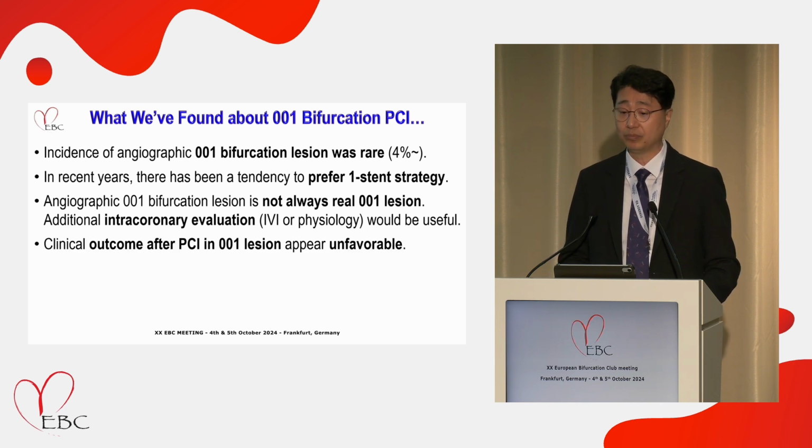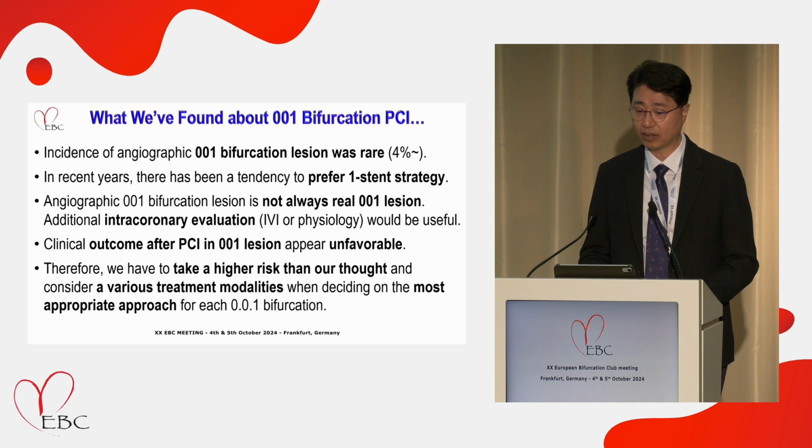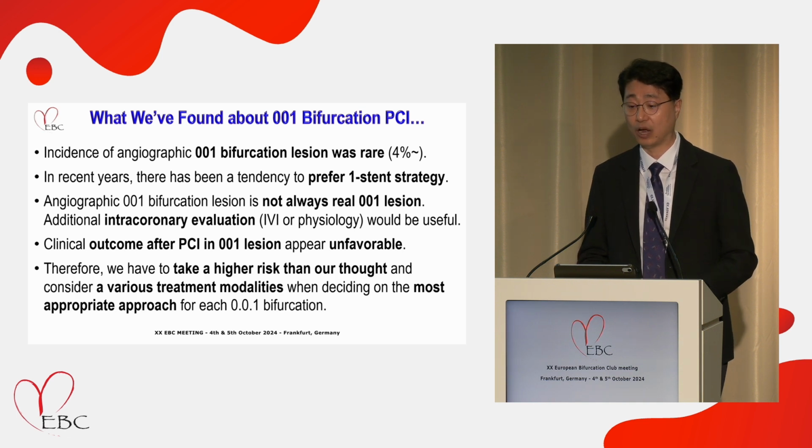And the clinical outcome after PCI in 001 appears unfavorable, whether with one stent or two stent. Therefore, we have to take the risk as higher than we thought and consider various treatment modalities when deciding on the most appropriate approach for each 001 bifurcation lesion.